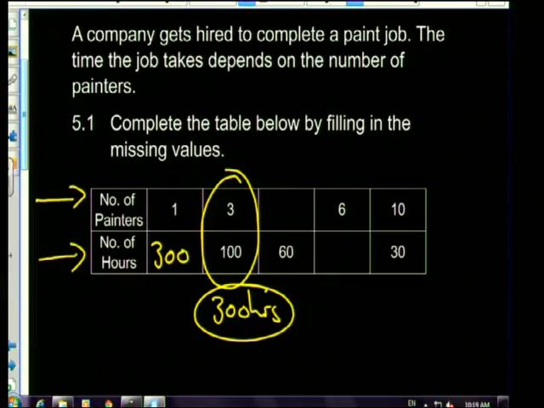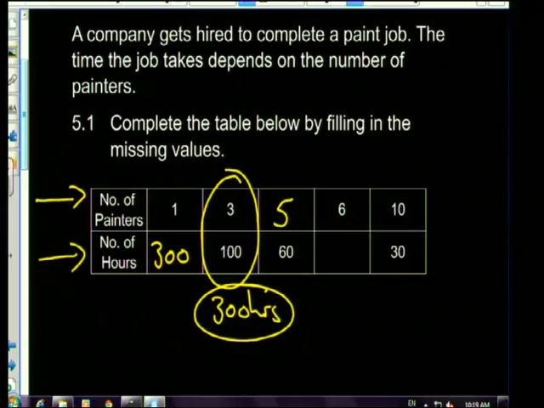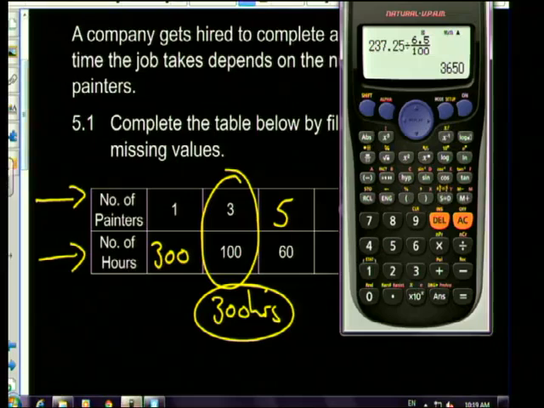Well, if I got 5 painters and each one spends 60 hours, they would have completed the 300 hours worth of work, okay? How many hours would it take if 6 painters did the job? Well, let's do it on our calculator.